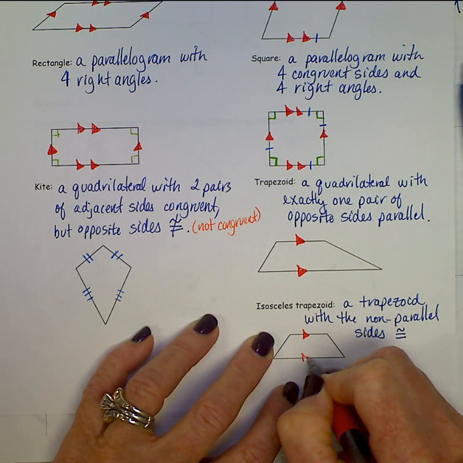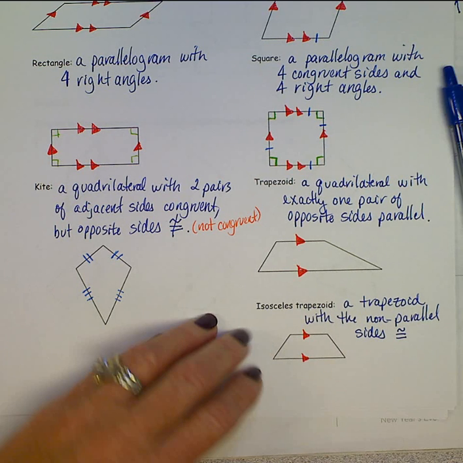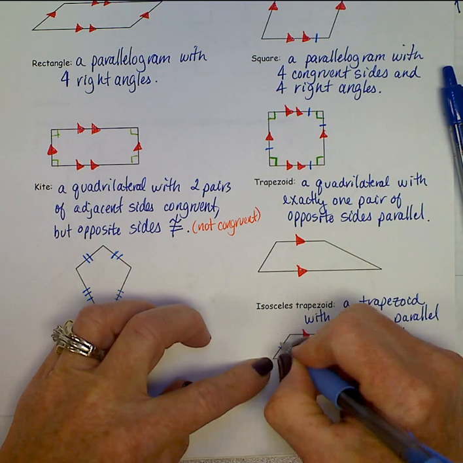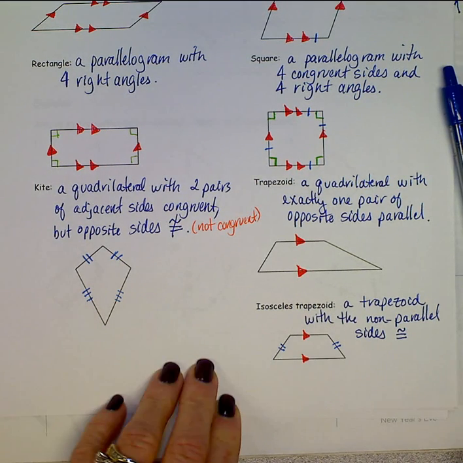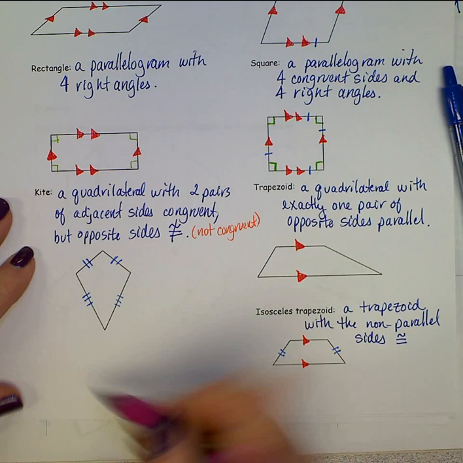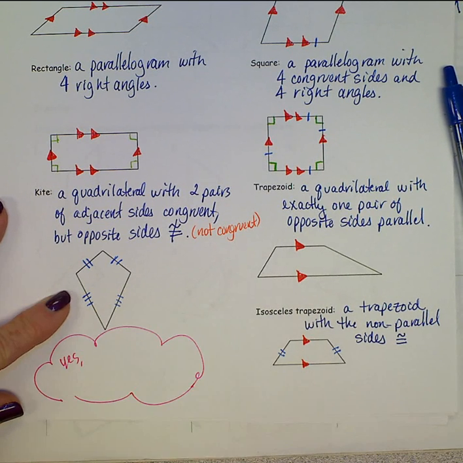So we have one pair of opposite sides parallel, and then the non-parallel sides are congruent to each other. Yes, you need to memorize these definitions.